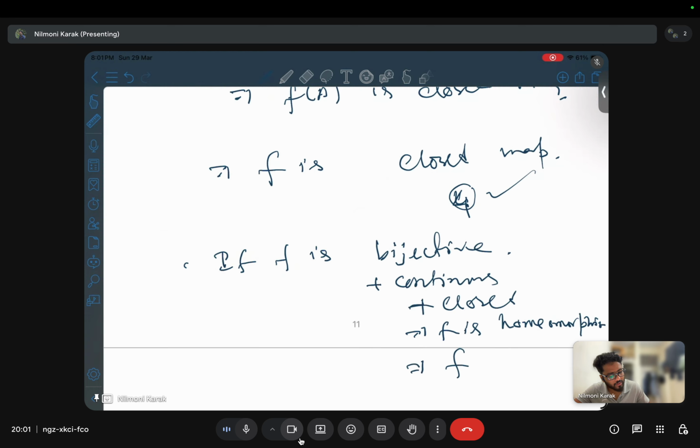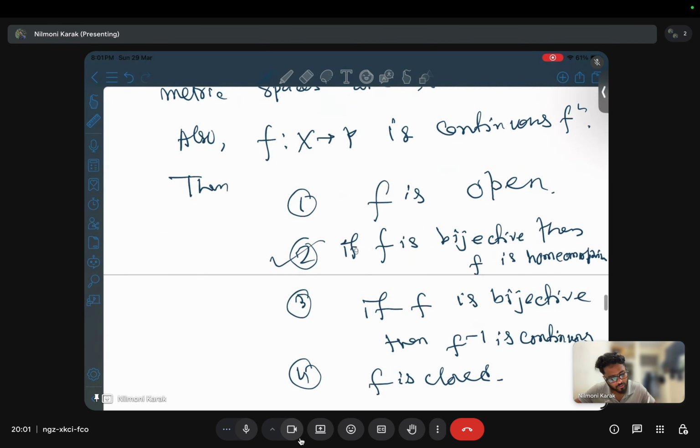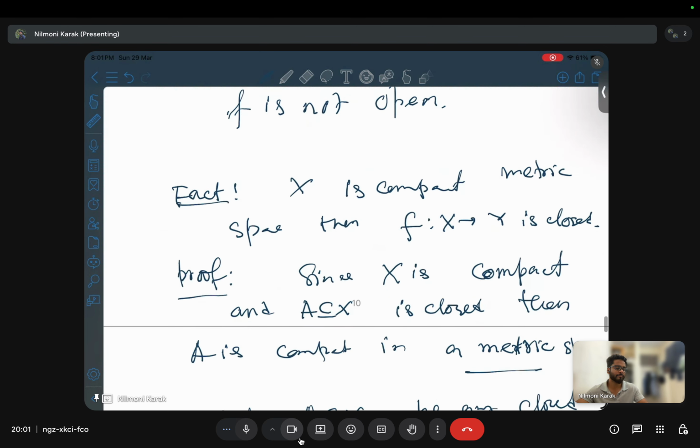So this implies f inverse is continuous. So 2, 3, 4 are correct.